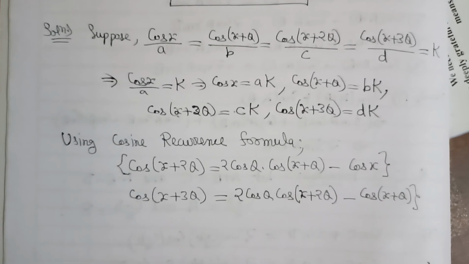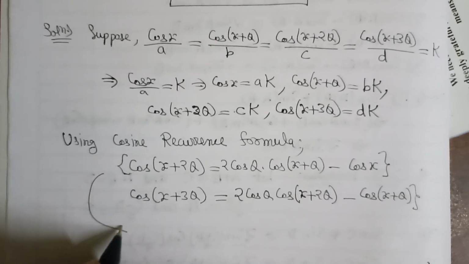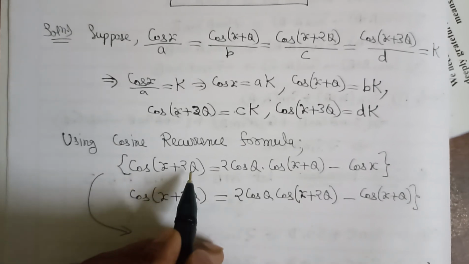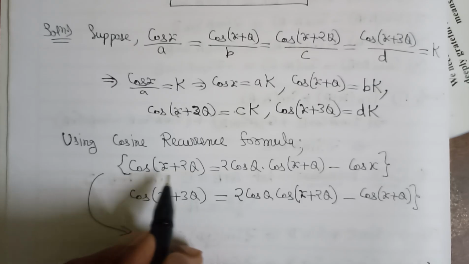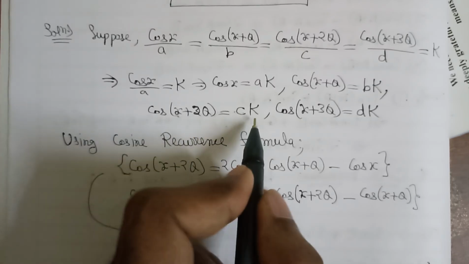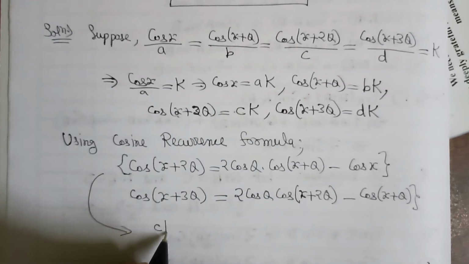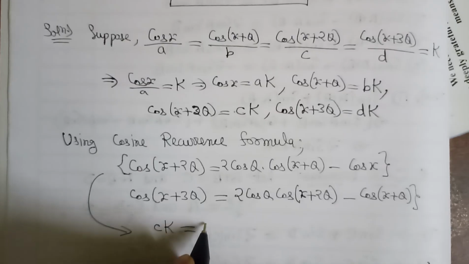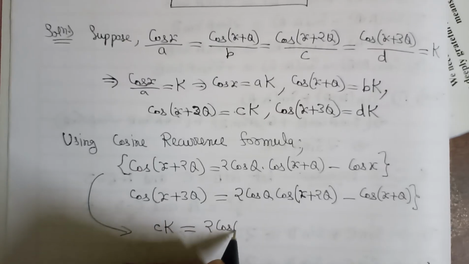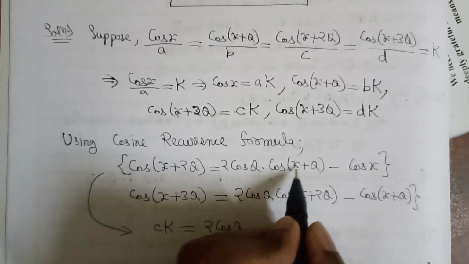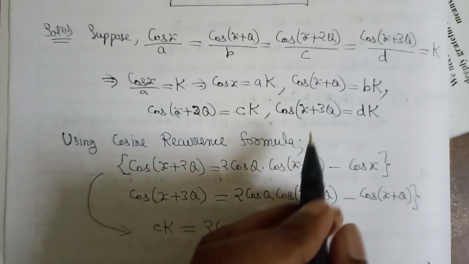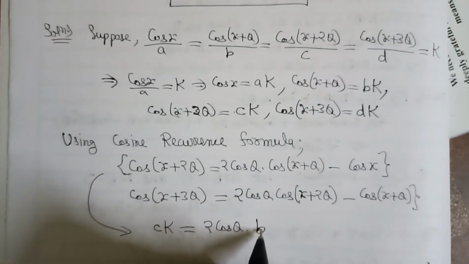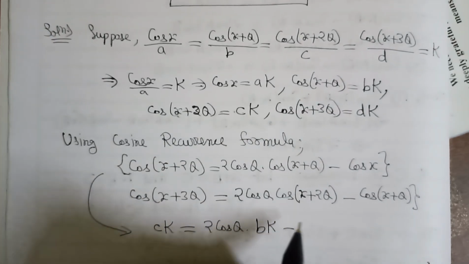Okay, so with this formula cos (x plus 2 theta) is actually equal to ck, correct? So your ck will be equal to 2 cos theta into cos (x plus theta). Cos (x plus theta) is bk into bk minus cos x.